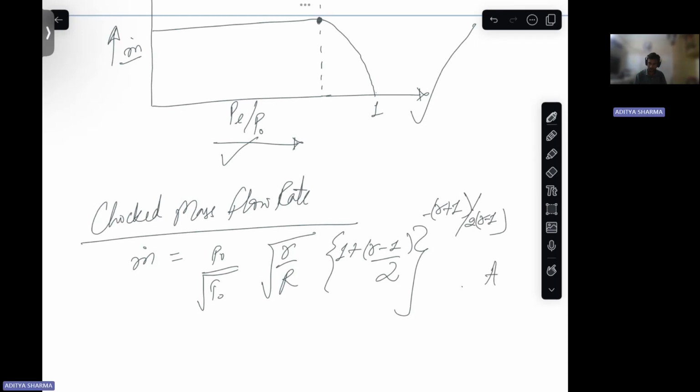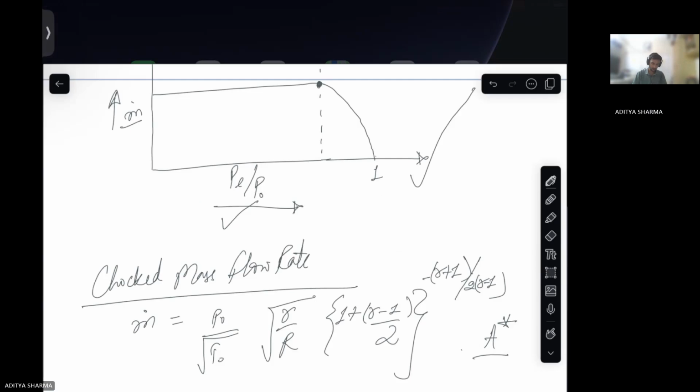Then we have A star, the area at the throat. So this is, I believe, the expression for a choked mass flow rate.